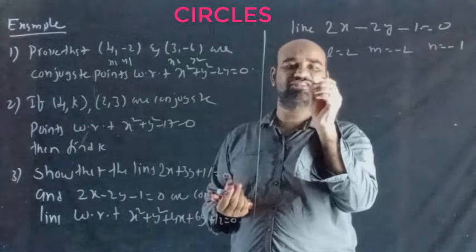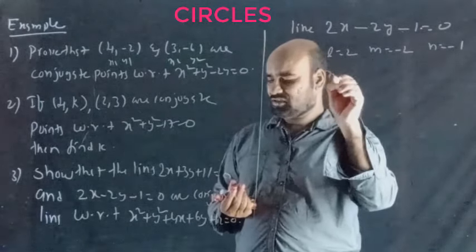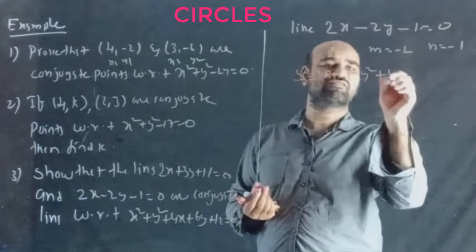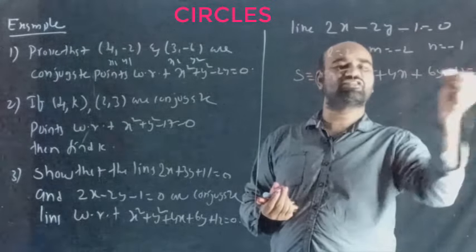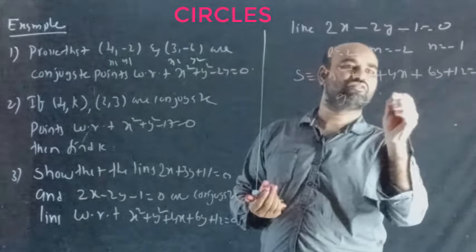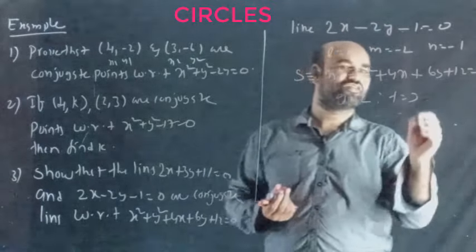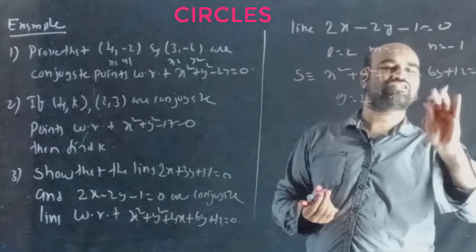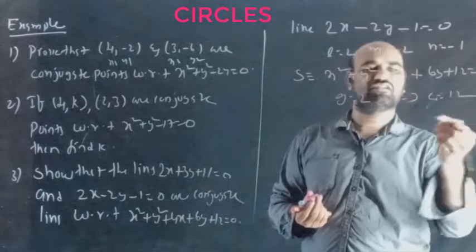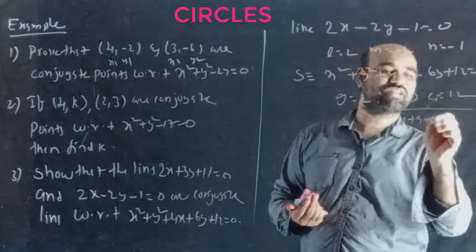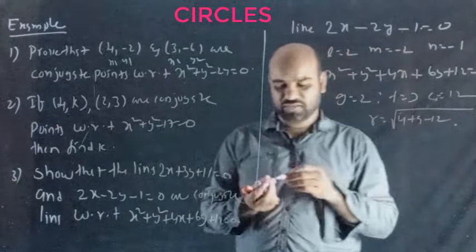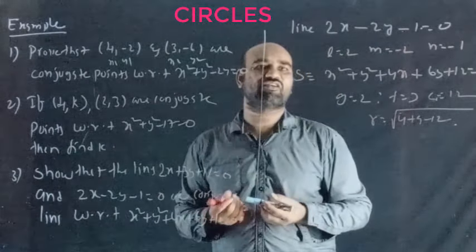What is the circular equation here? x square plus y square plus 4x plus 6y plus 12 equal to 0. g stands for 2, f stands for 3, and c stands for 12. So r is root over 4 plus 9 minus 12, equal to 1. r equal to 1.